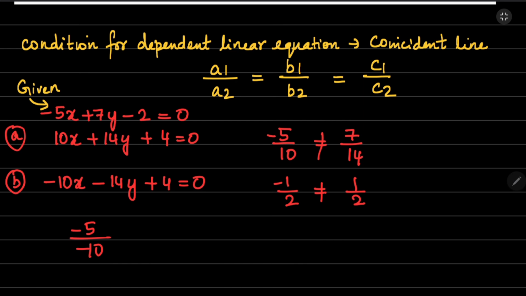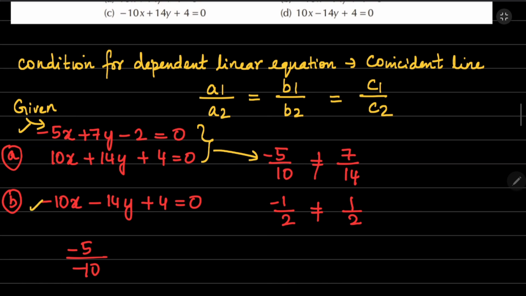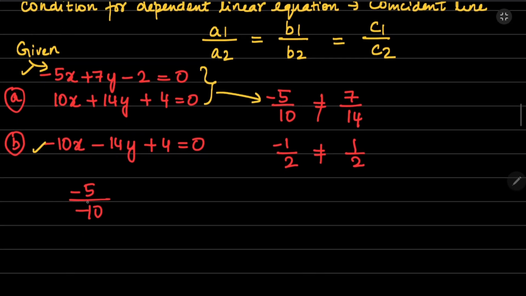You have to find which one will match. Now from the given equation and the second equation, we are just trying to match. So minus 5 by minus 10 is not equal to 7 by minus 14, right? Again, your negative will get cancelled. This is nothing but 1 by 2. Here it is minus 1 by 2. So option B is not the correct answer.